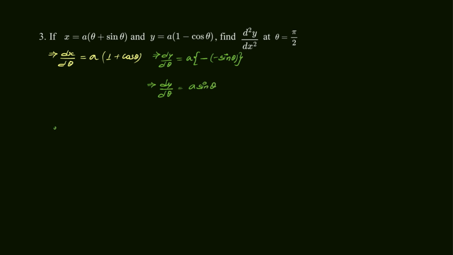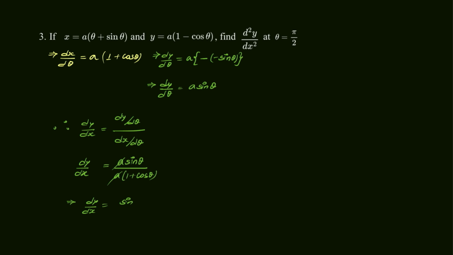Therefore dy/dx can be written as (dy/dtheta) divided by (dx/dtheta), and putting the values, a sine theta divided by a into (1 + cos theta). So here a and a got cancelled, hence the value of dy/dx equals sine theta/(1 + cos theta).